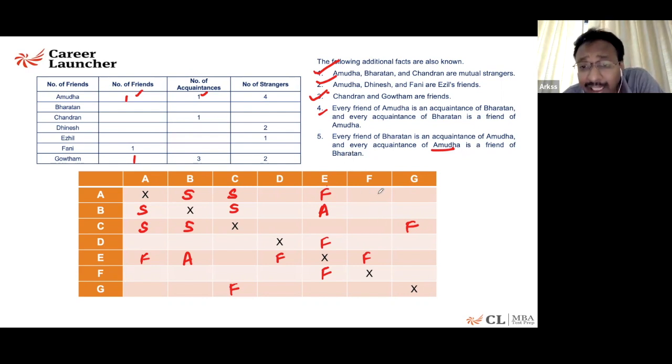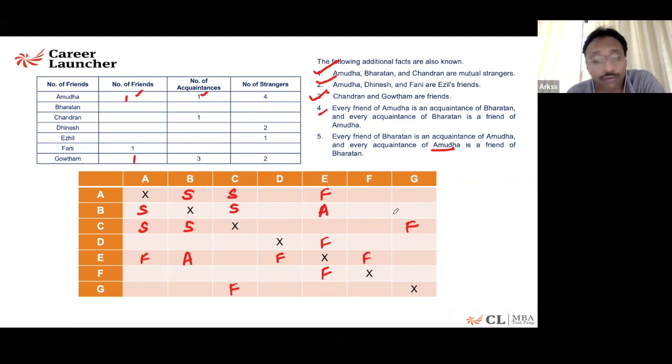Now, if F and G are acquaintances of A, they will be friends of B. Obviously, because every acquaintance of Amuda is a friend of Bharatan.